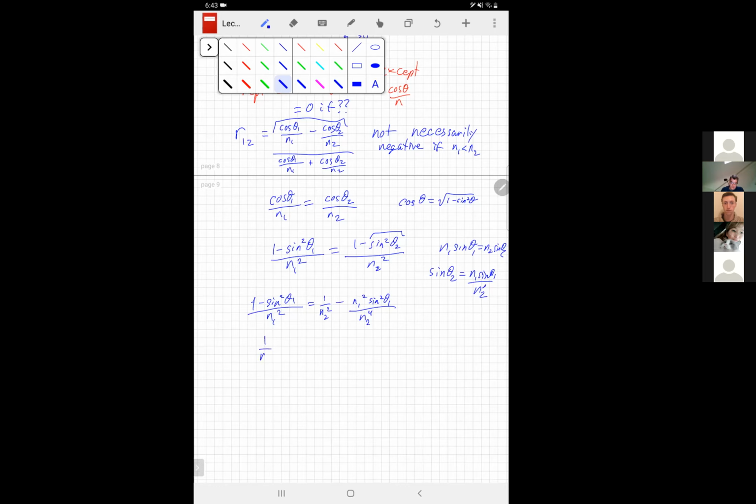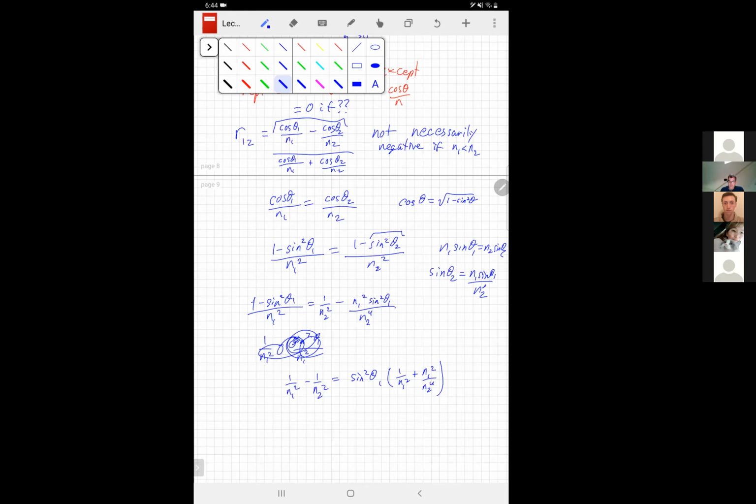All right. 1 over n1 squared minus sine squared theta 1 over n1 squared. You know what? I'm just going to rewrite this as 1 over n1 squared minus 1 over n2 squared equals sine squared theta 1 times 1 over n1 squared plus n1 squared over n2 to the 4th.